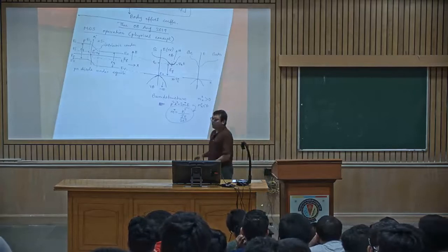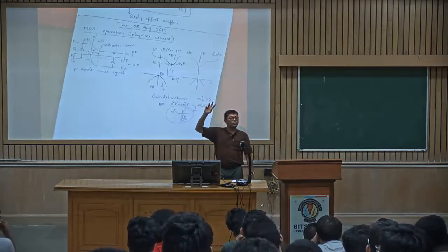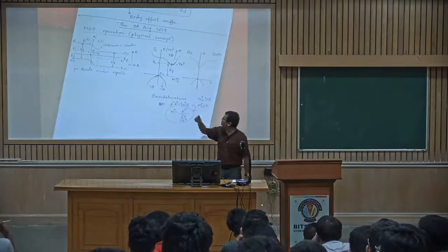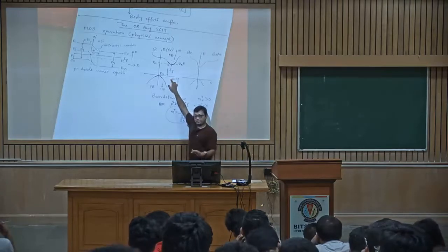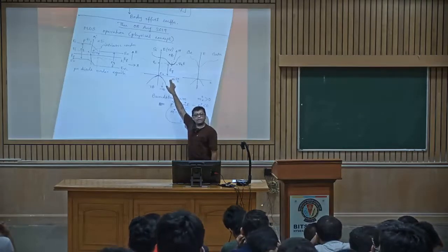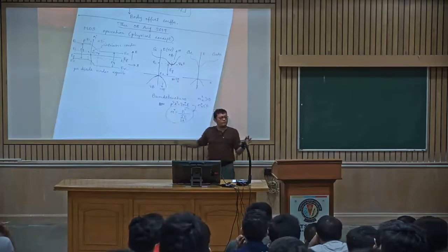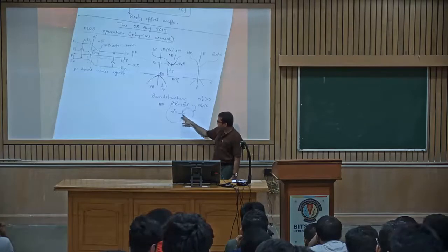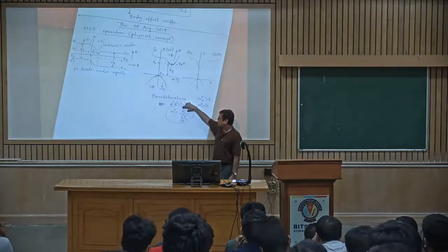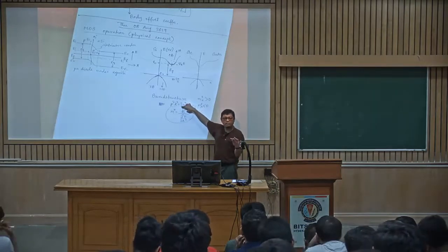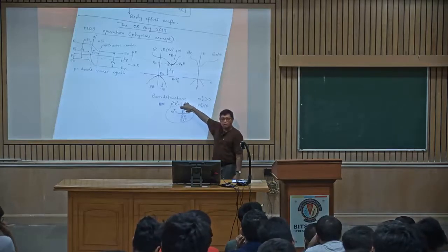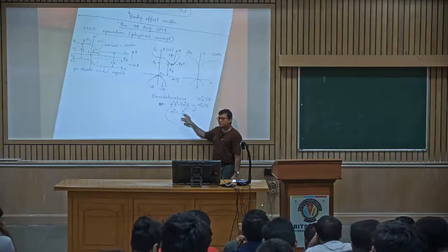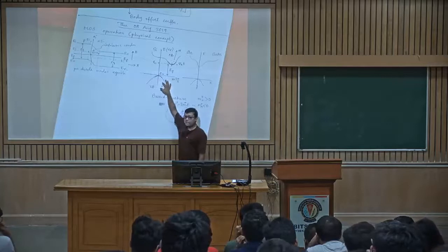Now, what are the things we have come to know from this band structure? Number one, the variation between EC and EV, the band gap. Effective mass, which we will be using many times, comes again from the curvature. H cross is Planck's constant by 2 pi, so this is a constant; del 2E del K square depends on the curvature of the band structure.